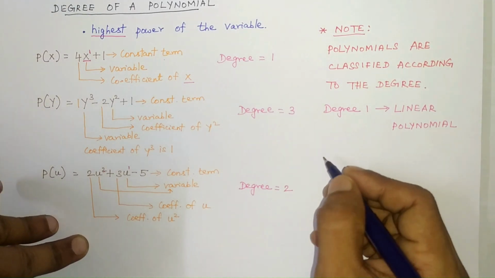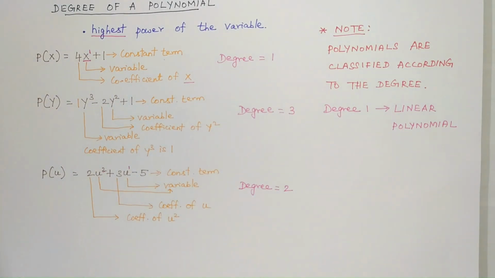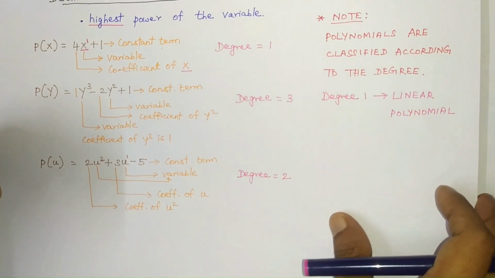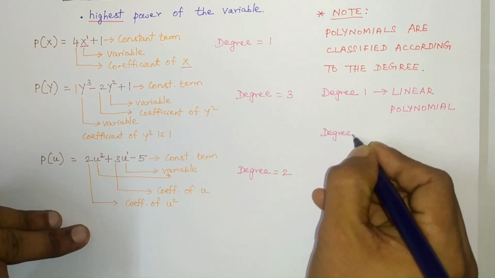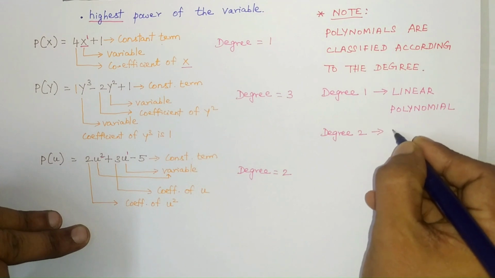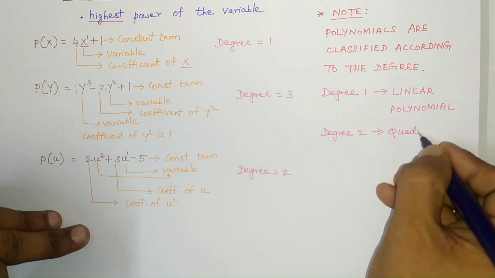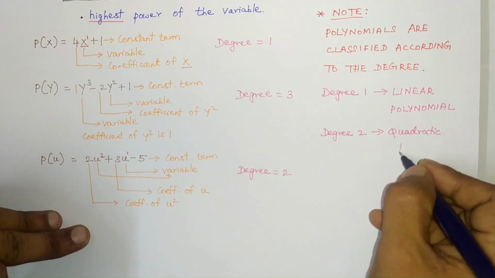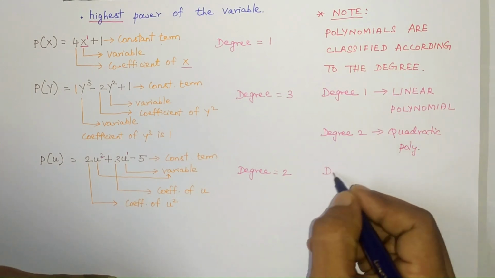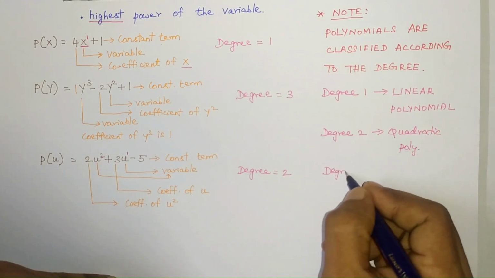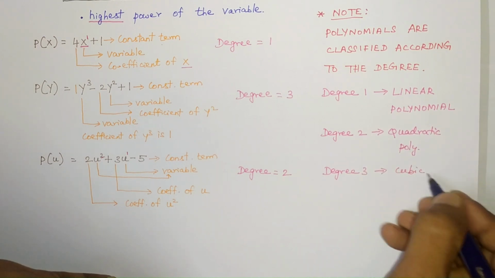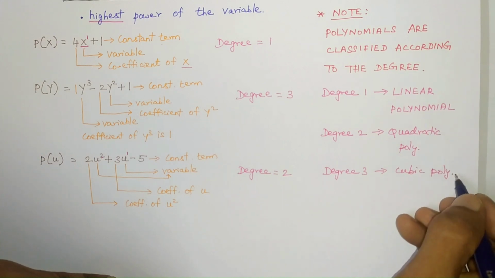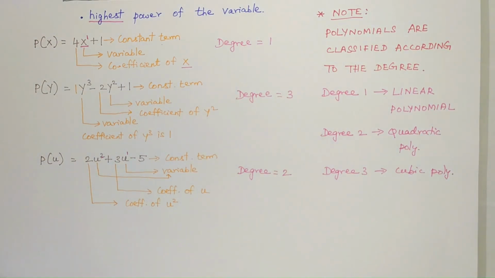If it is having degree 2, then it is called a quadratic polynomial. If the degree is 3, then it is called a cubic polynomial. Okay.